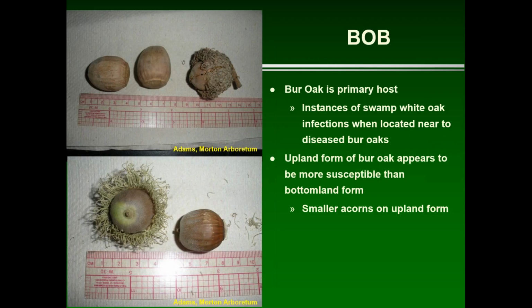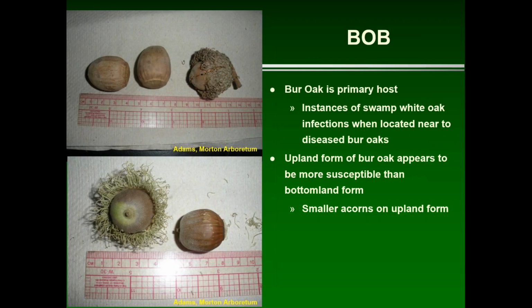There are two forms of Quercus macrocarpa, or bur oak. There is an upland form, which tends to be the savanna form that is very important to us in habitat restorations where native prairies interact with the natural forests in the upland areas in the upper Midwest.